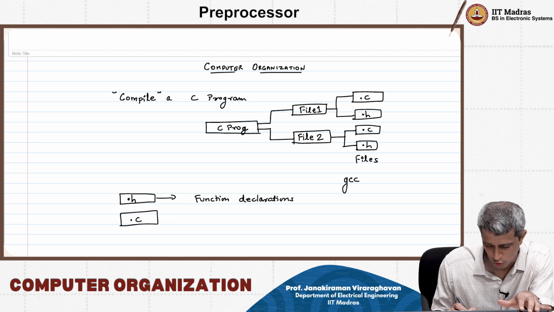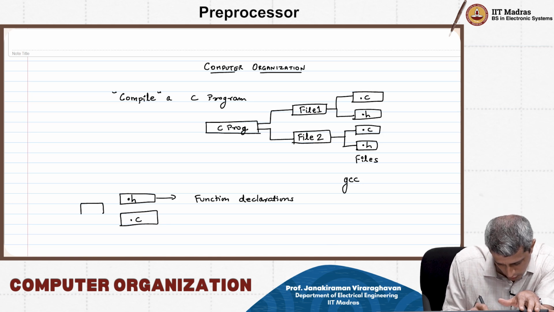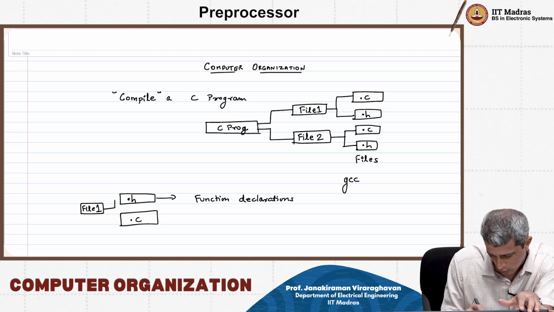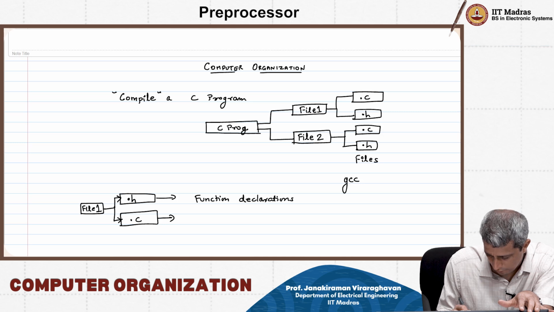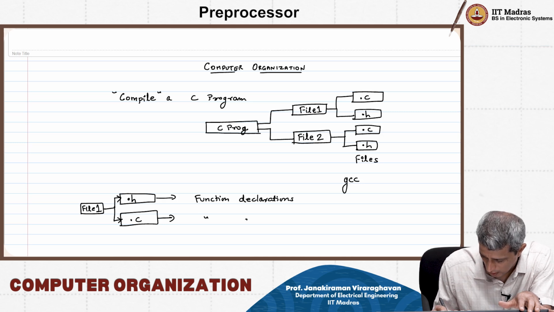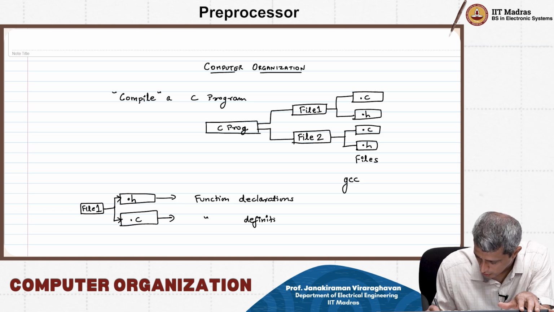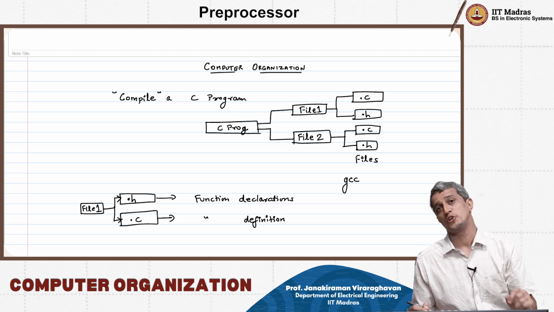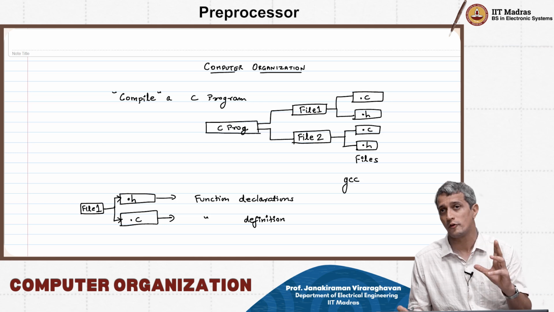Then you have an associated C file, let's call this file1.c, and this is going to have the function definition. These are two different things.